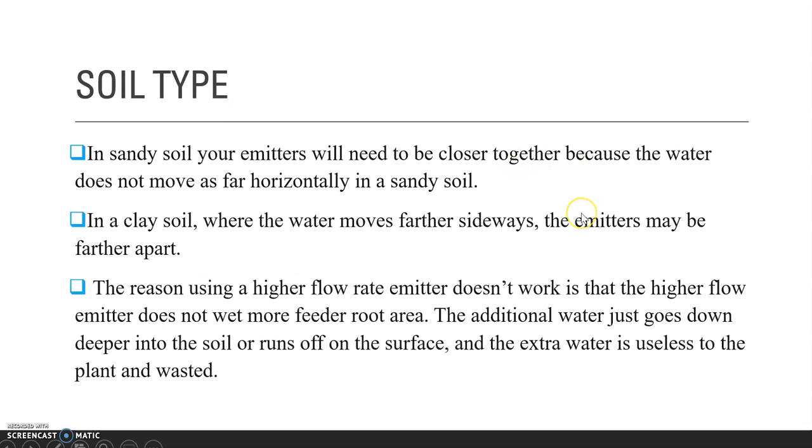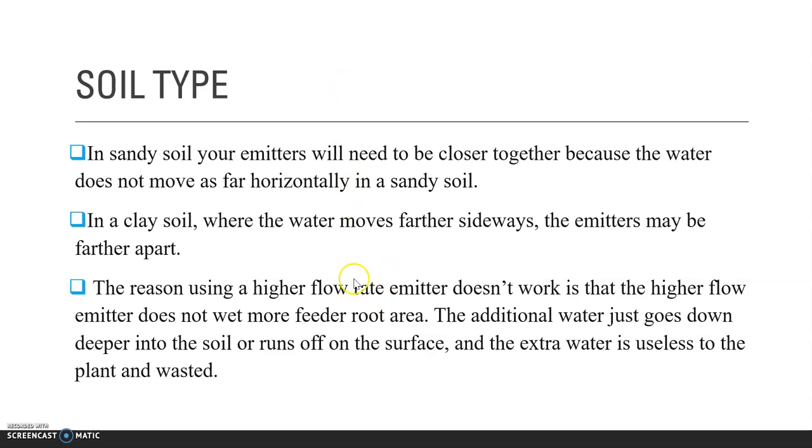Next is soil type, which is very important to consider. For example, sandy soil has a lot of gaps between the soil particles, so water is transported very fast in the vertical direction.